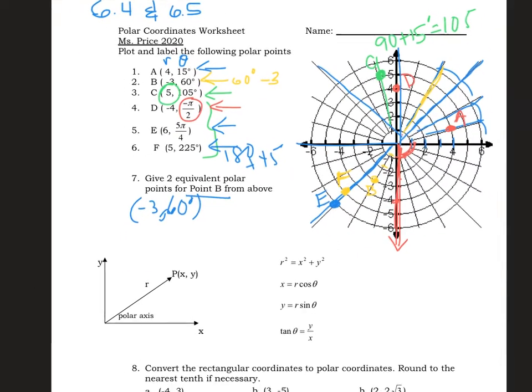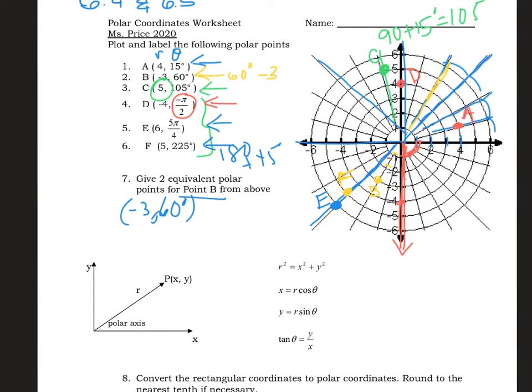All right, so we can label that, and if you want to, you can even look at where B was. B's right here. So instead of negative 60, I could go positive 3, 240, because that's what the degrees is if I went around in a positive direction. Also, another one that would work, 3, negative 120.